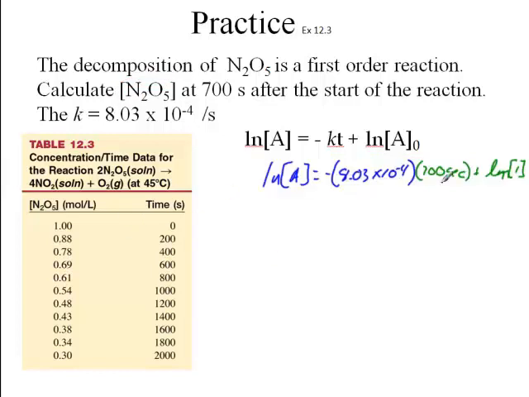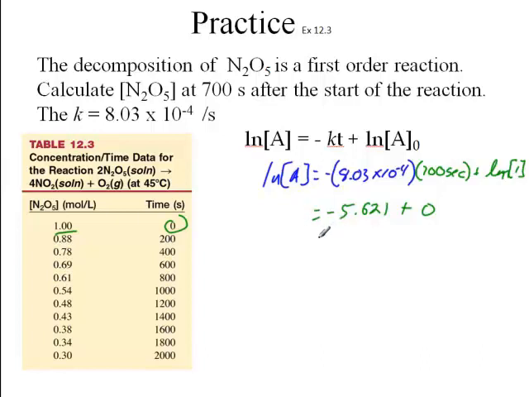Anyway, I put in the log of 1 because you can see right over here that the concentration at time 0 is 1.0. All right, so then we're just going to go ahead and solve for this. Negative, and those two times together gives me 5.621, plus the natural log of 1, which happens to be 0. Then I want to take the antilog, which on your calculator is the e to the x key.